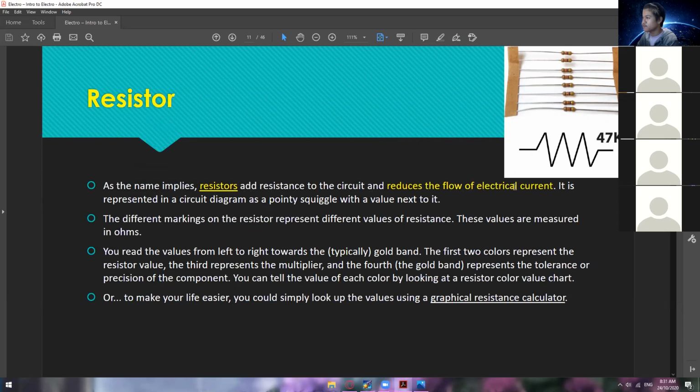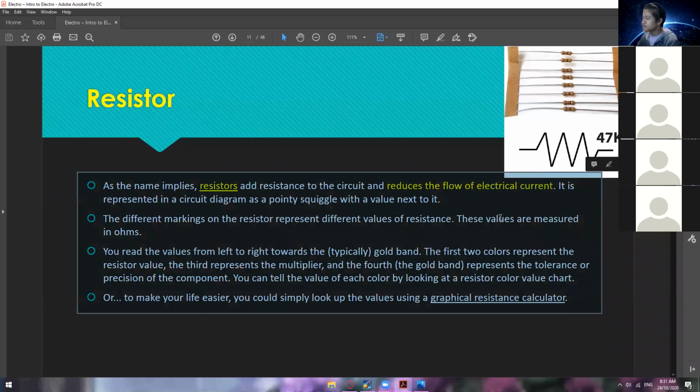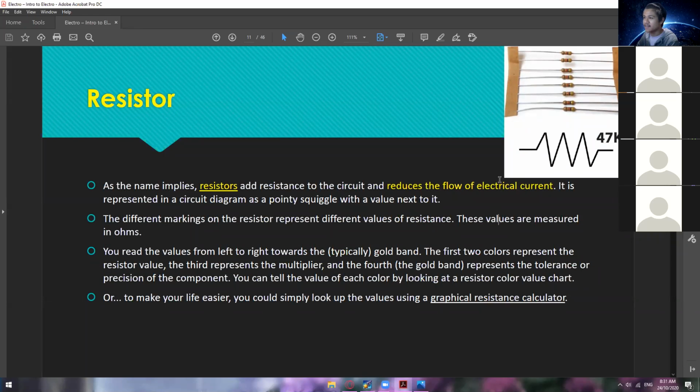It is represented in a circuit diagram as a pointy squiggle with a value next to it, like this. In an electrical circuit diagram, this is the symbol: a squiggly, pointy line with a value next to it, which is 47 kiloohms.